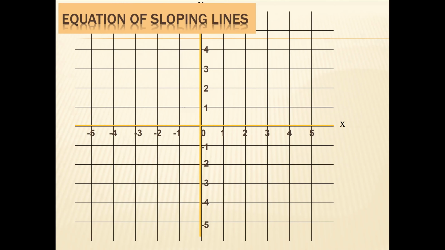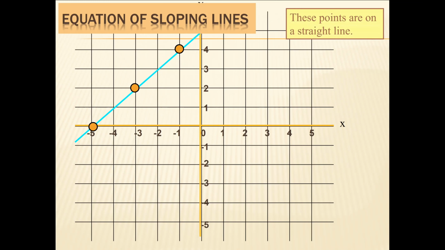Now we find the equation of sloping lines. We have found the equation of horizontal and vertical lines. Now if the line is neither horizontal nor vertical, how can we get the equation of such lines? Let's say you are given this line on a Cartesian plane. You identify a few points and check their coordinates.